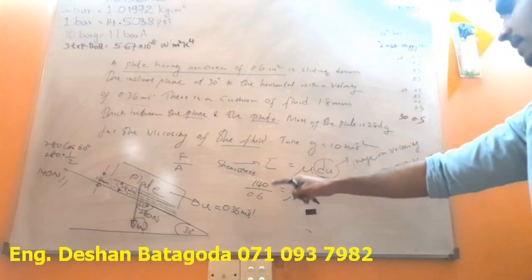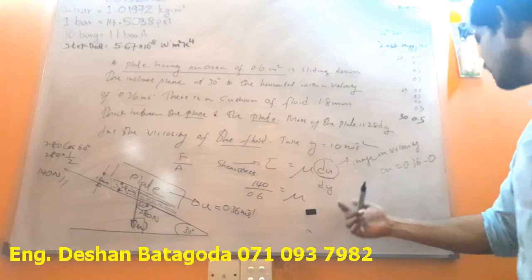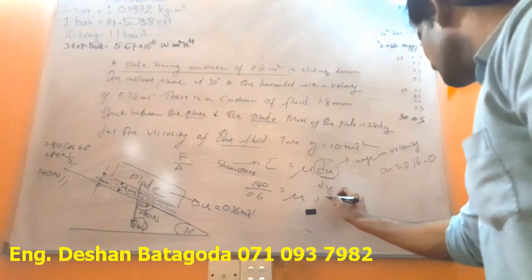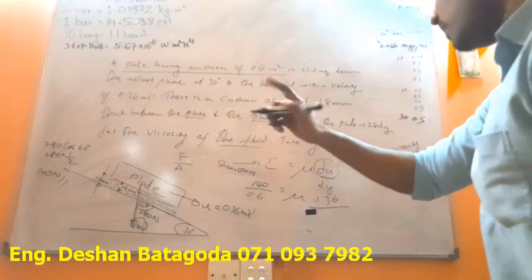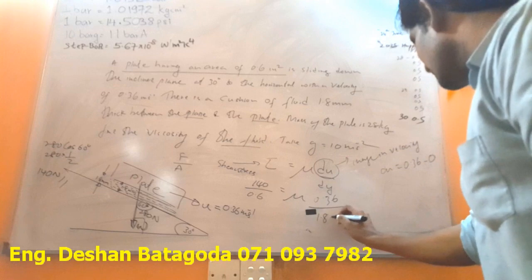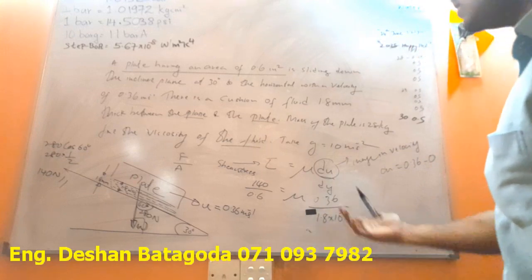So 140 divided by 0.6 equals mu, the dynamic viscosity, times du, which we know is 0.36, divided by 1.8 millimeters, which means 1.8 into 10 to the power minus 3. So that's it.